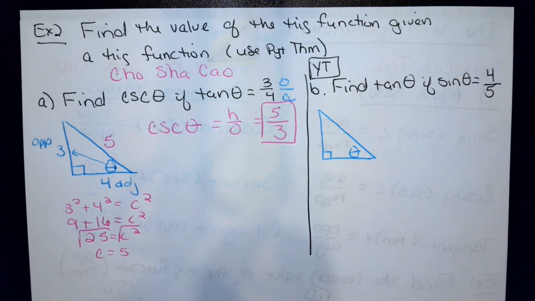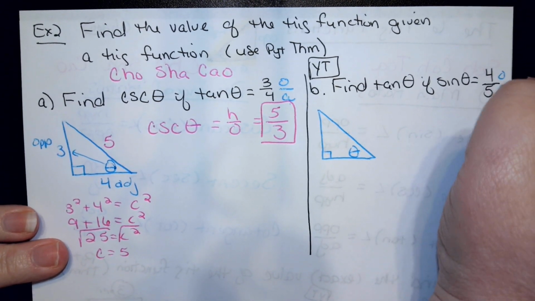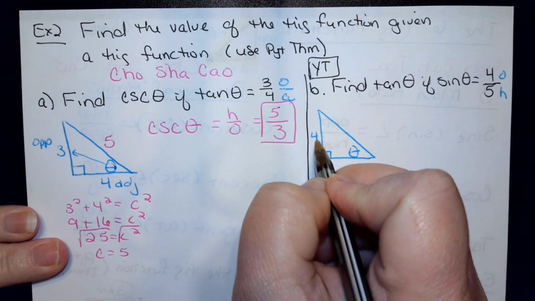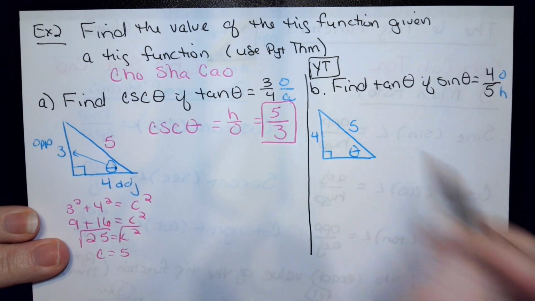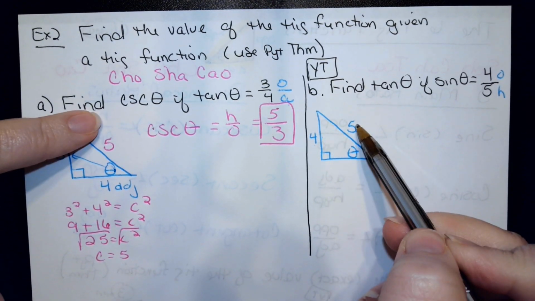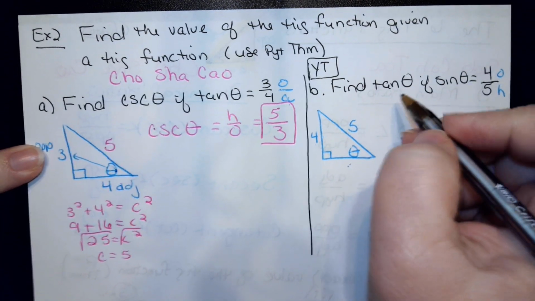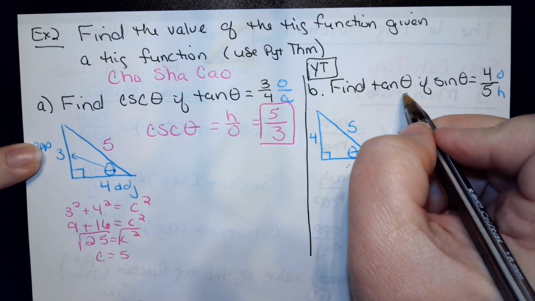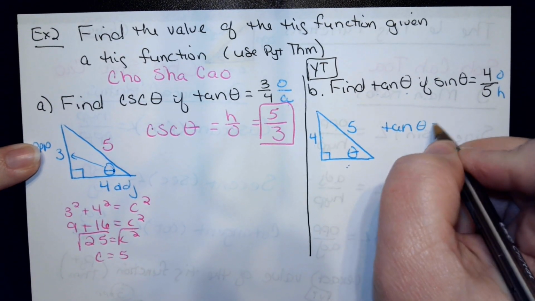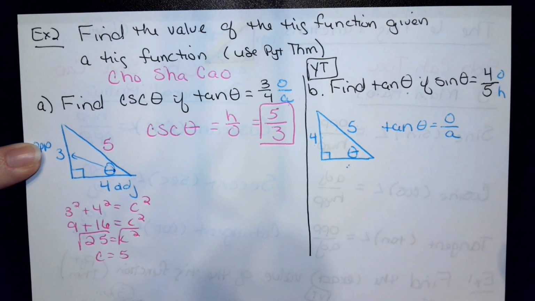Okay, so we got the sine of theta is 4 over 5. Well, we know sine is opposite over hypotenuse. So they're telling us that our opposite side here is 4 and that our hypotenuse is 5. If you notice, we got a 4 and a 5, so we kind of know that this side is going to be 3, but let's see if we even need it. Tangent of your angle is opposite over adjacent, so we definitely do need the adjacent.